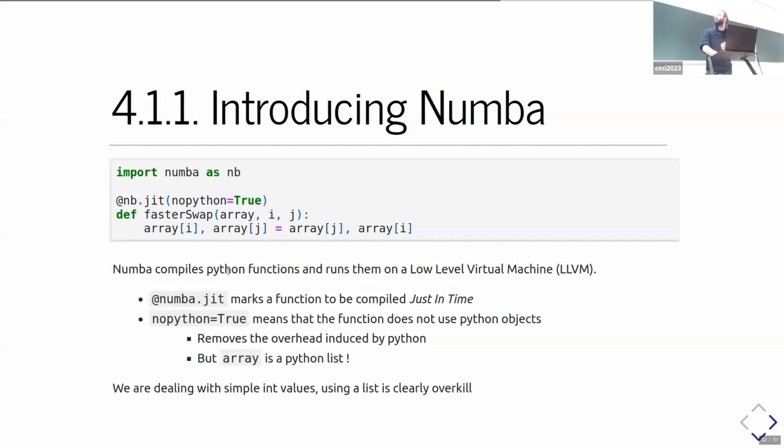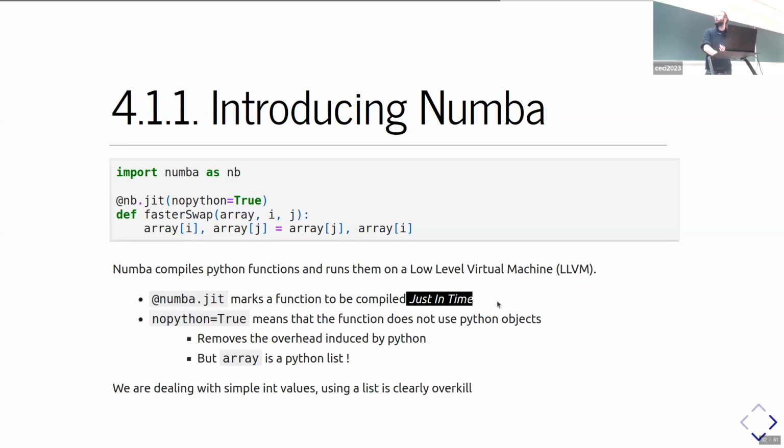Numba compiles Python functions and runs them on a low-level virtual machine, LLVM. So it's not binary directly, but it's a very low-level language, very close to binary, and it's pretty fast. It should be faster. Using Numba, I wrote it in blank here. You can use it like that, or you can write from numba import something like that.